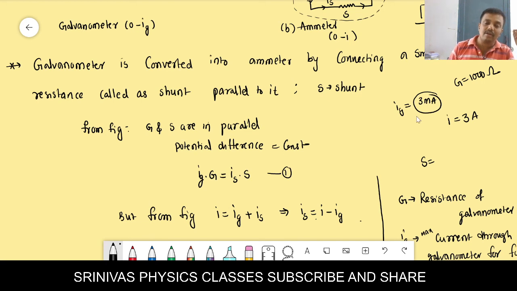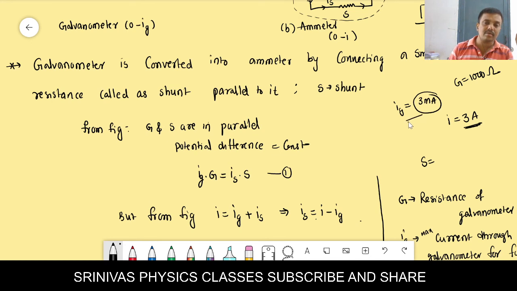The galvanometer can measure the maximum current for full scale deflection of 3 milliamperes. In order to convert the galvanometer into an ammeter to measure 3 amperes, how much shunt resistance should you connect?